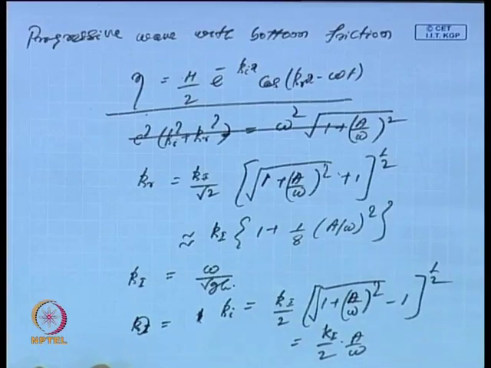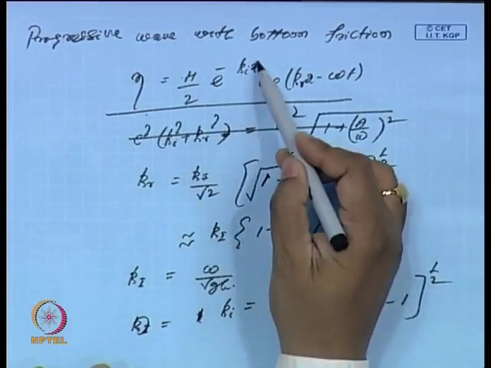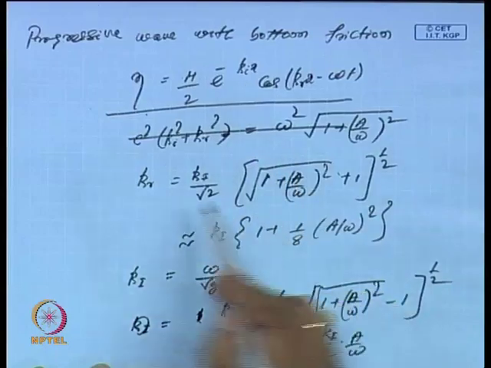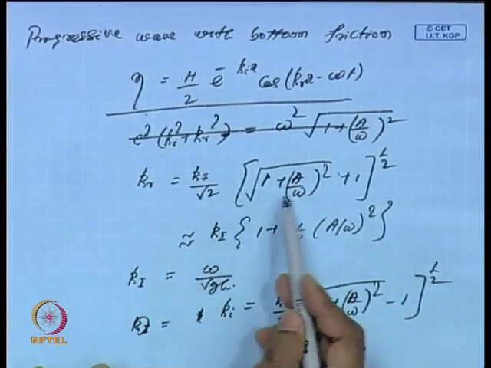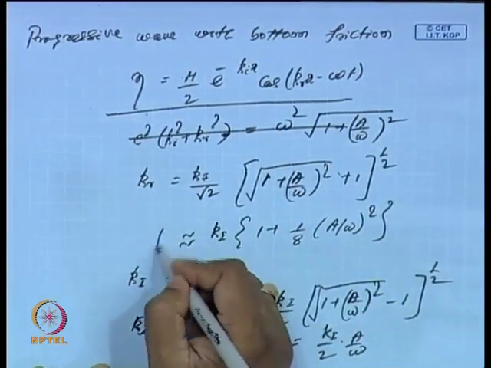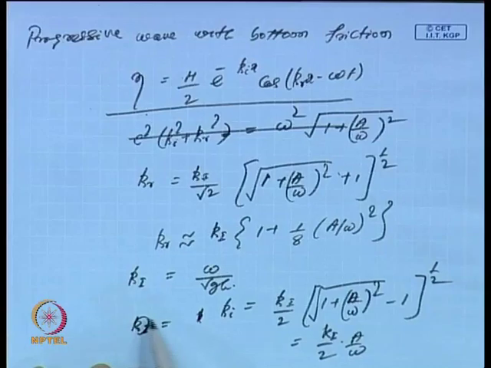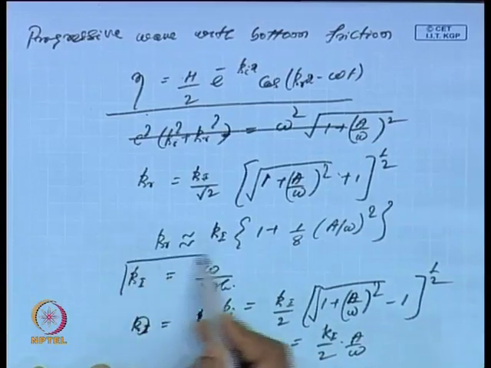So I have one is k_r, one is k_i. My k_r is given in terms of this, and I can get my k_i as this, where this k_I is given by this.